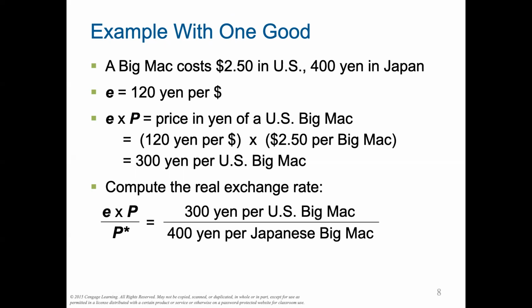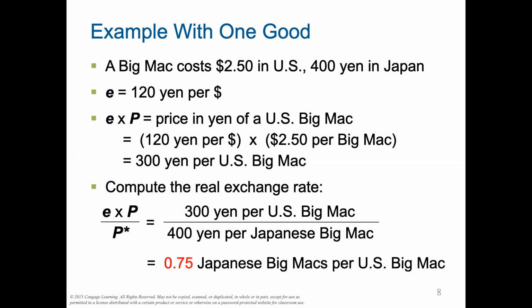Now we have an idea of the relationship and the purchasing power between the two variables. So 0.75 Japanese Big Macs per one US Big Mac. So the Japanese are getting 3/4 of a Big Mac for every US Big Mac. Why do we care? Well, we care because it gives us an idea of where we stand.